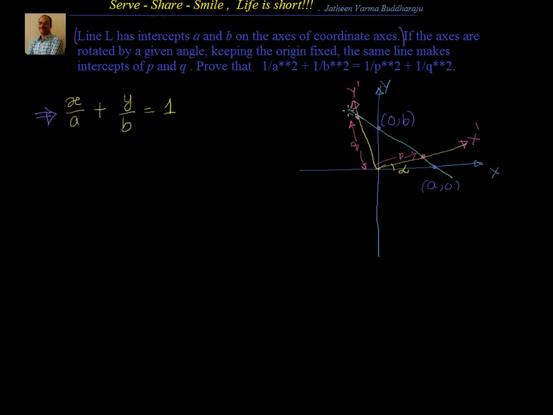So we will try to identify those 2 points. What are the coordinates of those points? Let us say those points are capital P and capital Q. We'll find out what is capital P and capital Q. Then after that we'll substitute that in the equation x by a plus y by b equal to 1. We should be able to solve it.